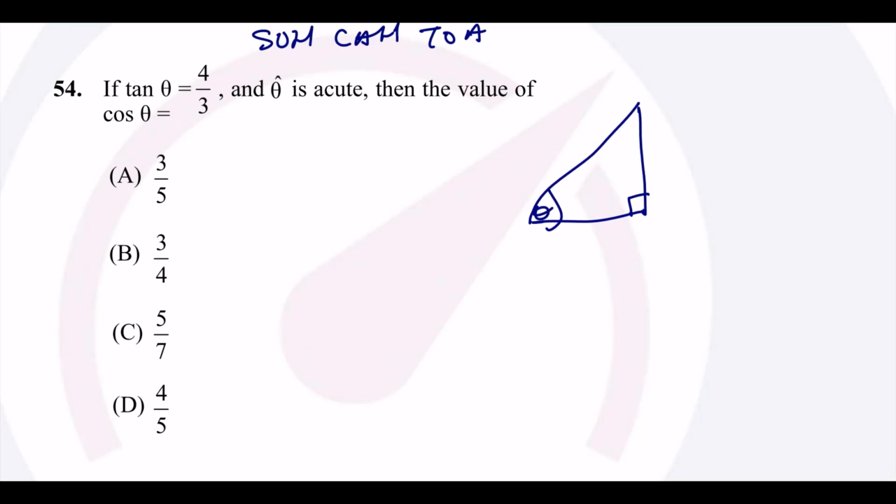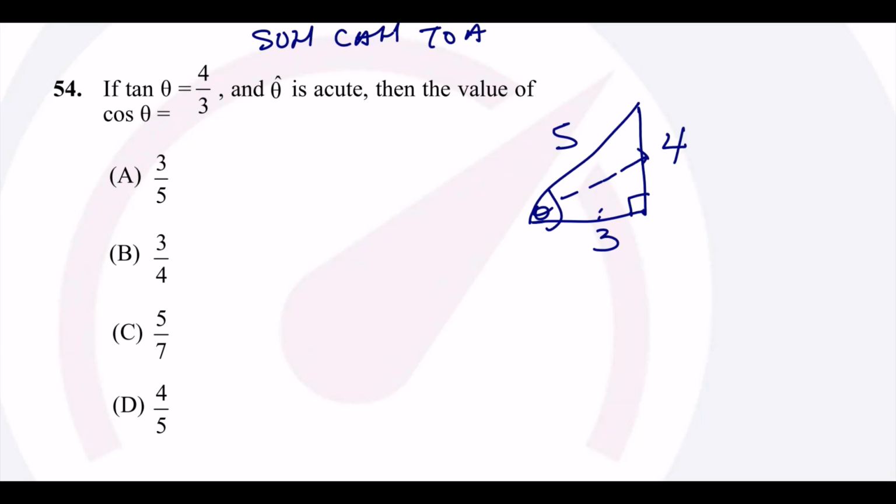We know that tan is equal to opposite over adjacent. So the opposite side here is going to be 4 and the adjacent side is going to be 3. Naturally you could use Pythagoras' theorem to find the hypotenuse, but we must know this by now. We have the 3, 4, 5, so the hypotenuse is going to be 5. They call these Pythagorean triples.